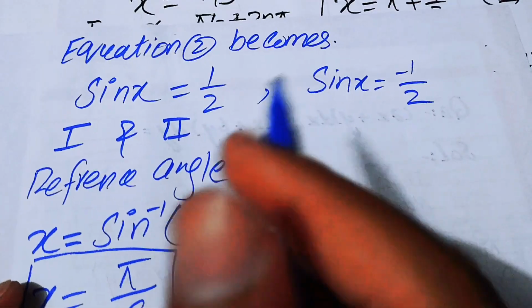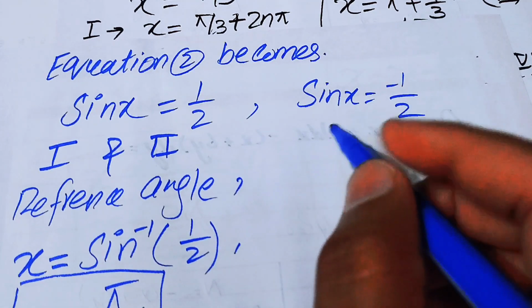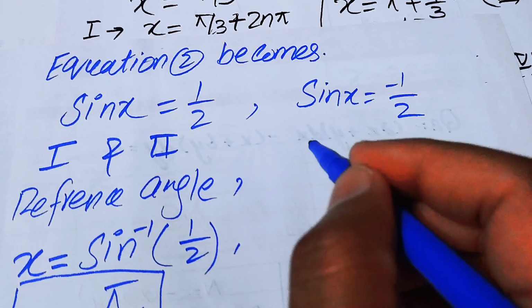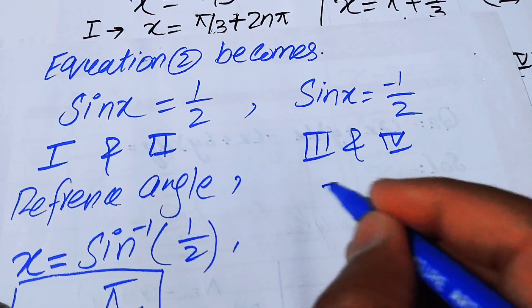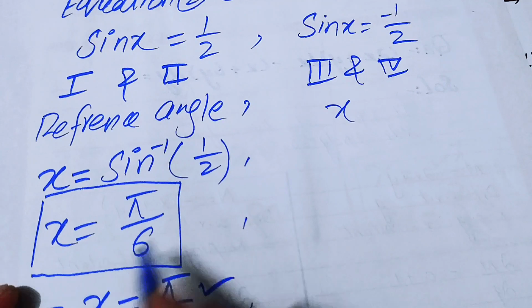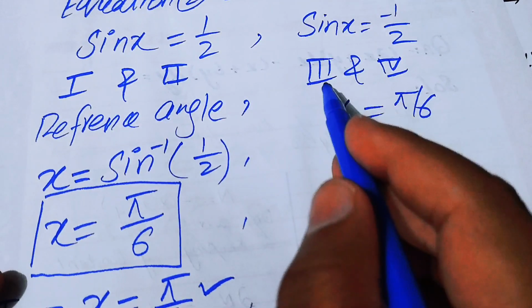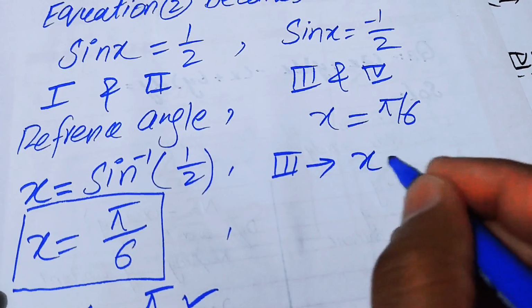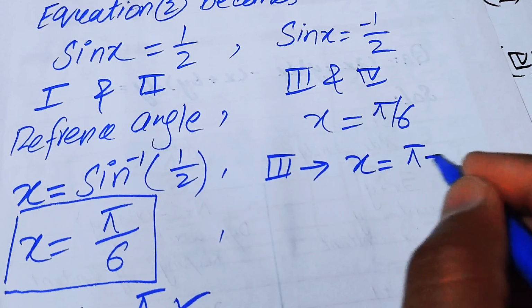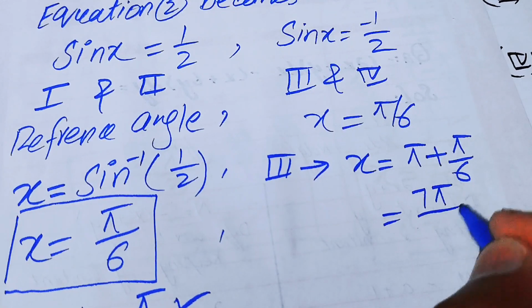Now we solve the remaining case. Here we have sin x equals minus 1 over 2. You see that sine is negative, and it is negative in the third and fourth quadrants. With the reference angle x equals pi by 6, the angle in the third quadrant is x equals pi plus the reference angle, pi plus pi by 6, so it becomes 7 pi by 6.